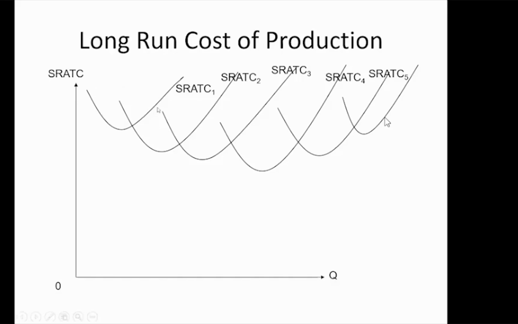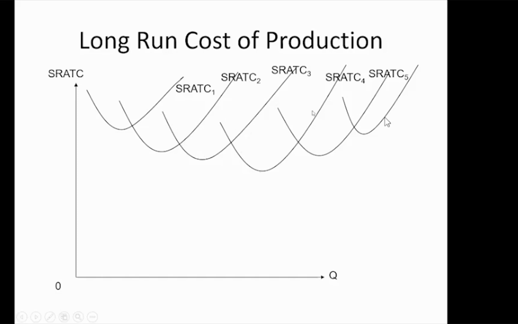So this is one short run cost curve. This is another short run cost curve, another short run cost curve. Likewise, we will have several. We have this short run, and then we expand all our inputs, so we get into the long run. Then we have the short run for some time, and then we get into the long run again, so we have another short run.